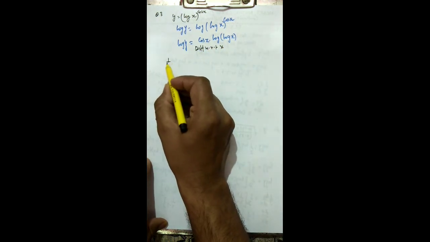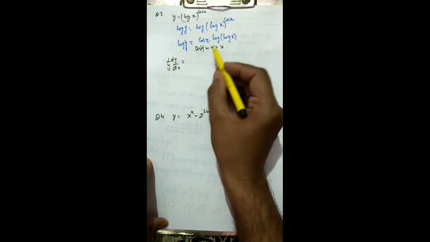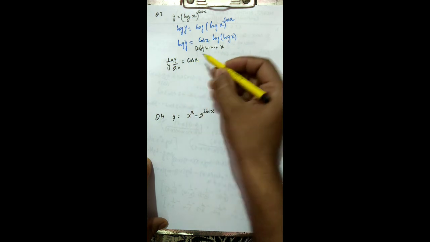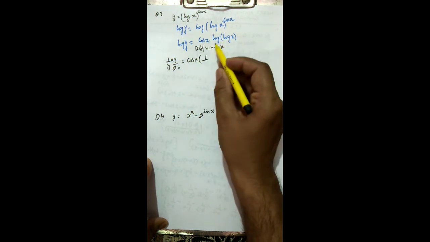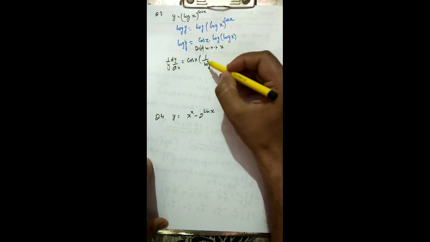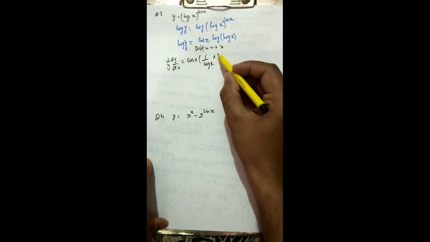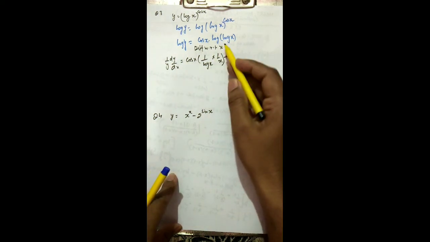So it becomes 1 upon y dy by dx equal to cos x, taking cos x as it is. Then differentiate log log x: this becomes 1 upon log x into the derivative of log x, which is 1 upon x, and plus.